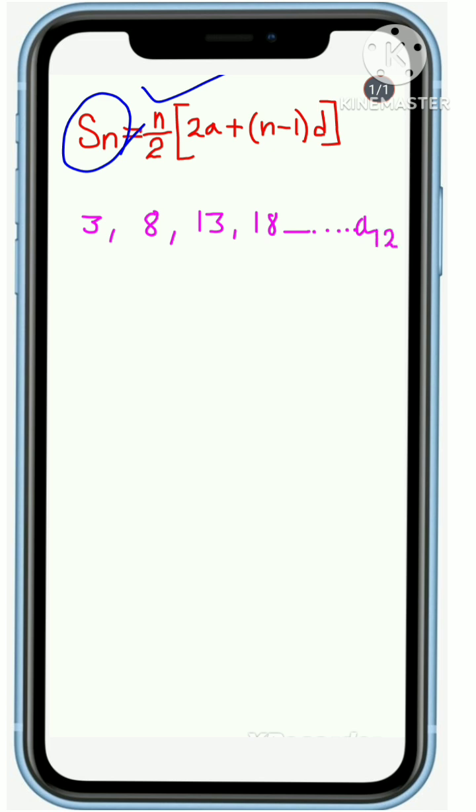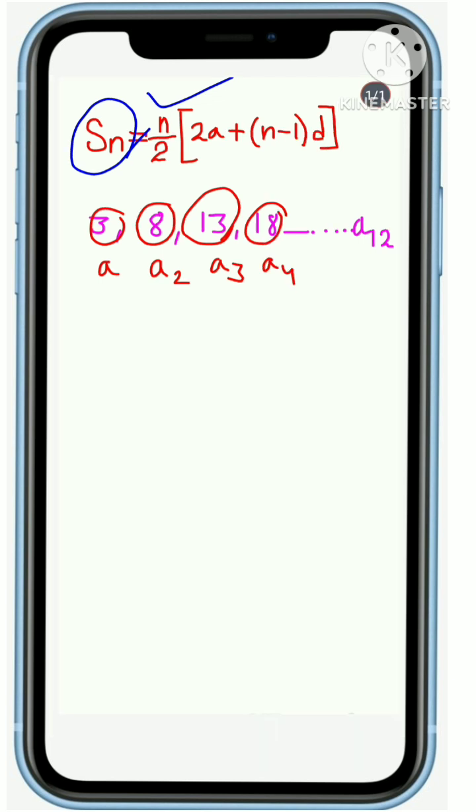And here this is the first term denoted by A, and this is the second term denoted by A2, and this is A3, and this is A4. Now we have to find the sum of this AP.